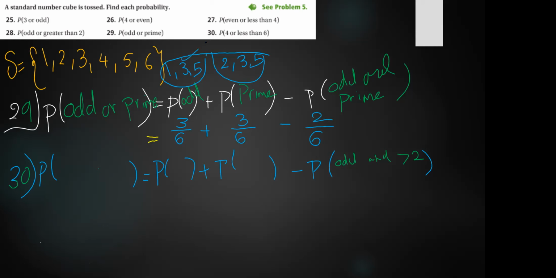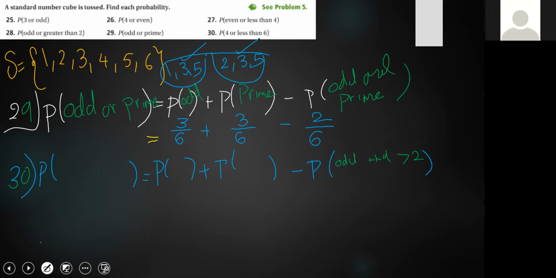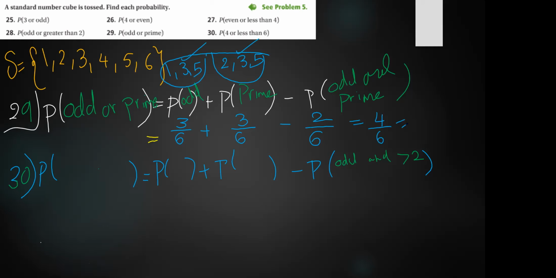Both of them are odd and prime. So 3 plus 3 minus 2 is 4/6, which is 2/3.